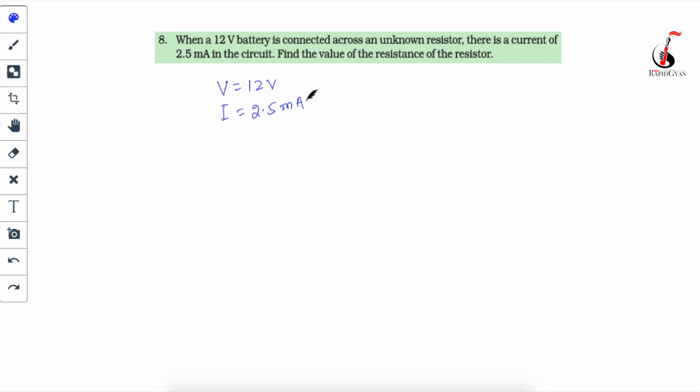So what you will have to do? Simply, in order to convert milliampere into ampere, you will have to multiply this with 10 to the power minus 3. So which will simply become 2.5 into 10 to the power minus 3 ampere. Now we know Ohm's law, V equal to I into R. Now you will have to find the value of R, which is equal to V upon I, correct?